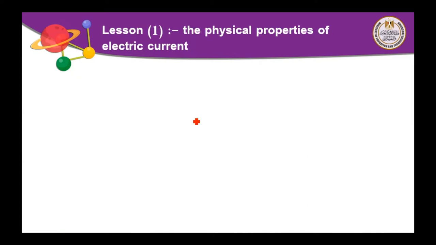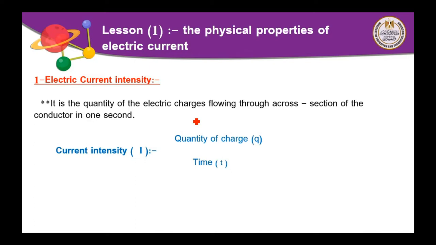What is the meaning of intensity? In the previous part of this lesson, we talked about some of the physical properties of electricity. In the previous year, we talked about properties of sound and light as energy. One of them is called light intensity. What is the meaning of light intensity?